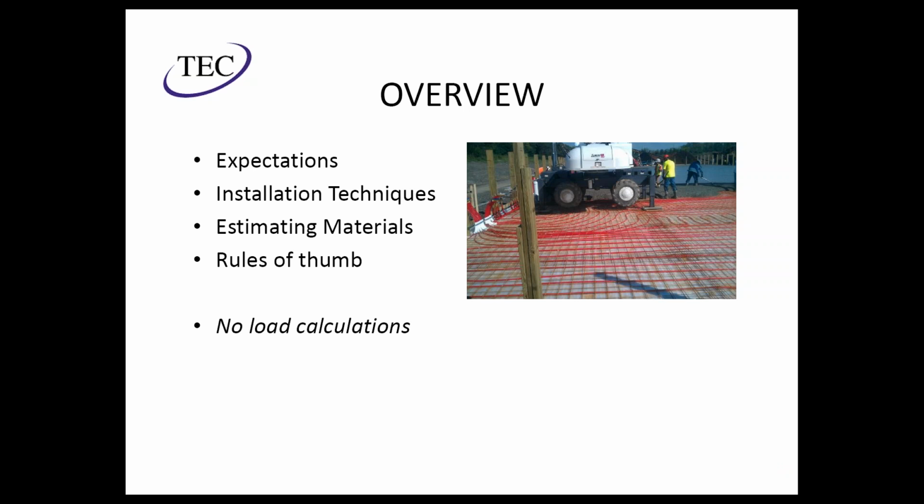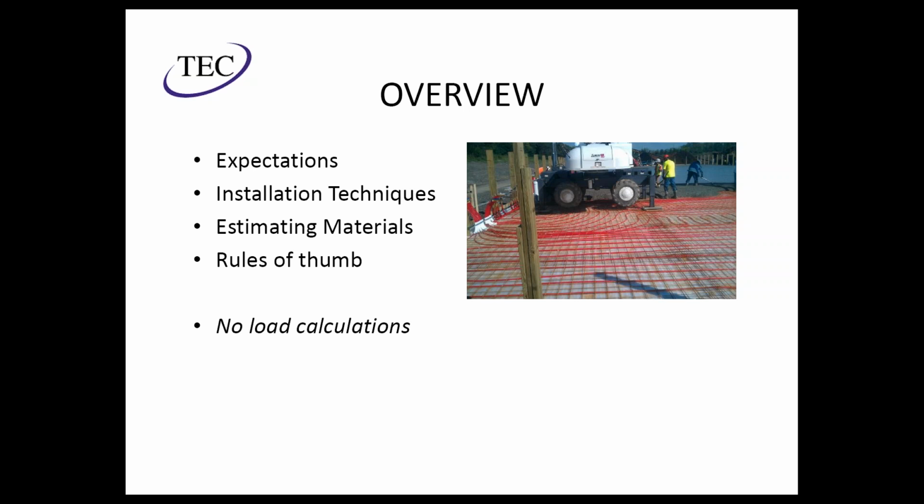So I'm going to be jumping through a couple different presentations to make sure that we're covering as much info as possible, but this is our general overview. I'm going to go over a few expectations for radiant systems. We'll go on to the general installation techniques, tools for estimating materials, and then some general rules of thumb. One thing we're not going to cover here is anything regarding load calculations.